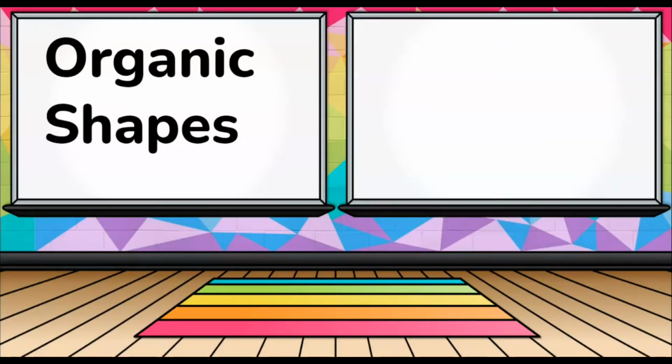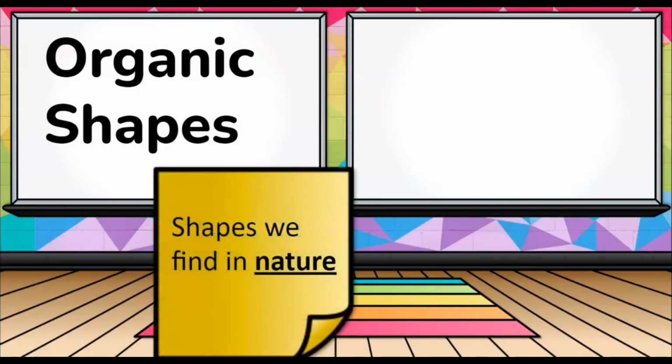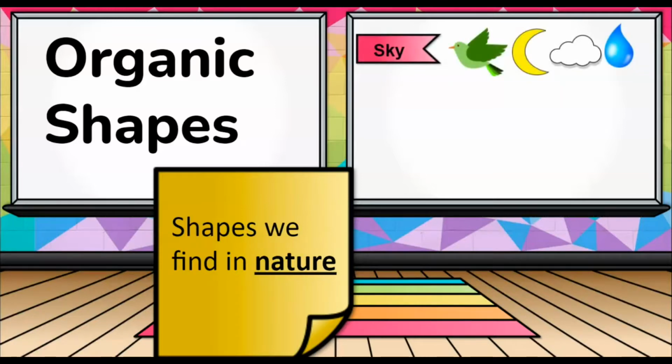What are organic shapes? Well, the word organic means natural, so organic shapes are shapes that we find in nature. We wouldn't necessarily find a square or a triangle in nature, would we? Organic shapes are shapes that we see in the sky, so like a bird or the moon or a cloud or a water drop.